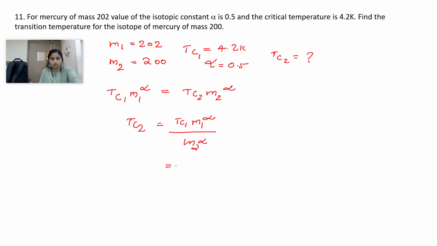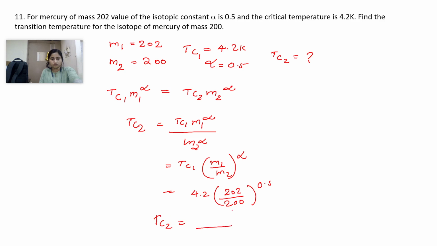So Tc2 is Tc1 times m1 divided by m2 whole power alpha. Substituting, it will be 4.2 times 202 divided by 200, power alpha 0.5. You will get the temperature Tc2 in Kelvin.